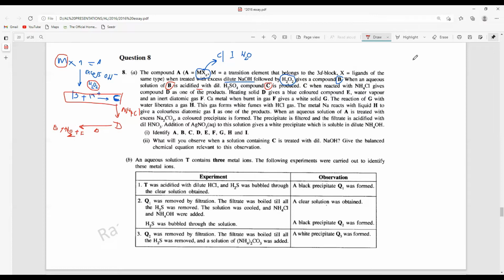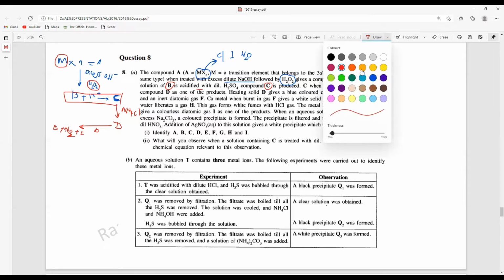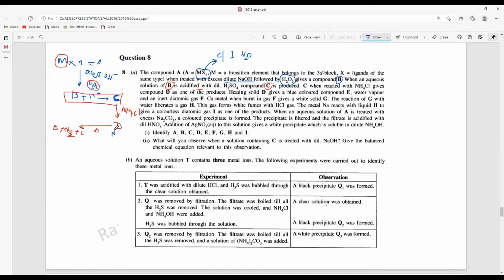Because if you remember ammonium dichromate, we have learned when you heat it, it will give the inert diatomic gas, which is nitrogen.